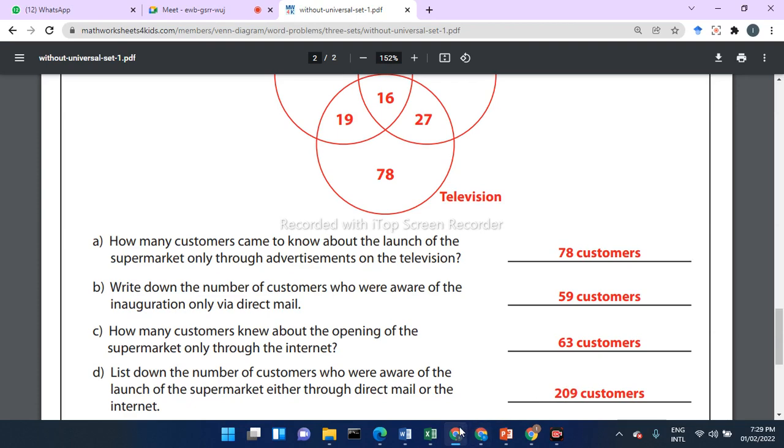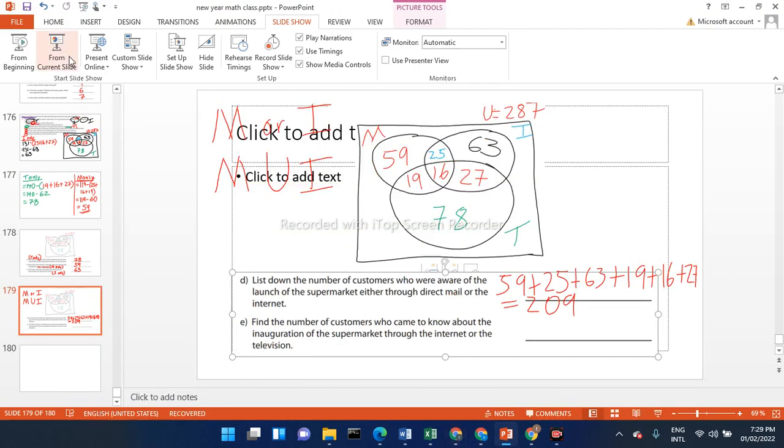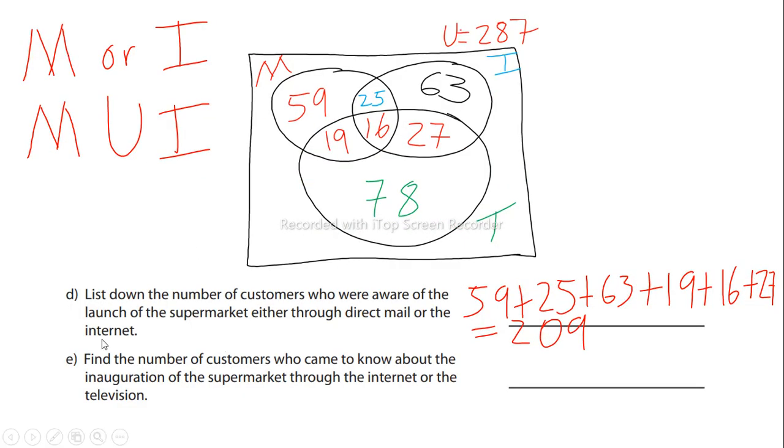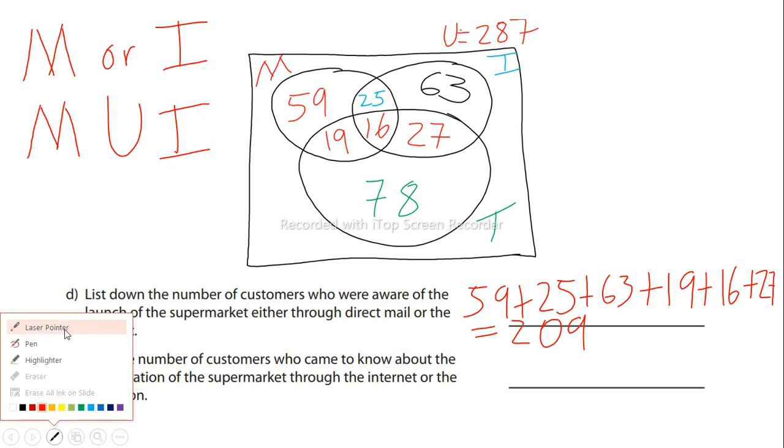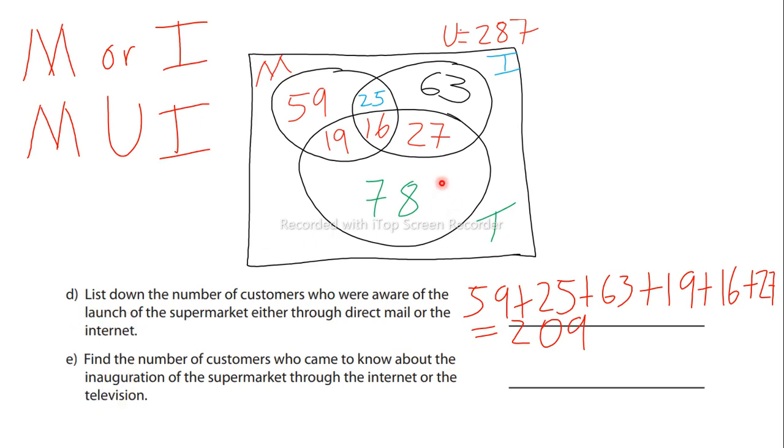Okay, so we were right. And it's for the same thing I told you. They didn't say do not include television. They didn't say list down the number of customers who are aware of the launch of the supermarket either through direct mail or internet without or and not television. You see what I'm saying? Because they didn't say that, we have to include everything, okay?